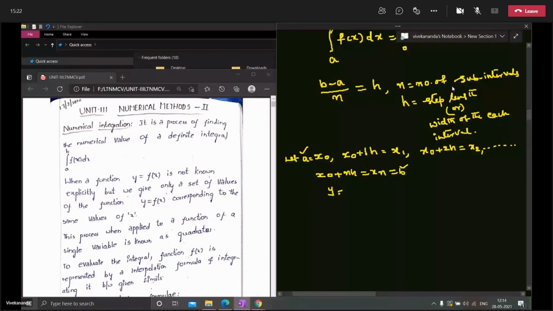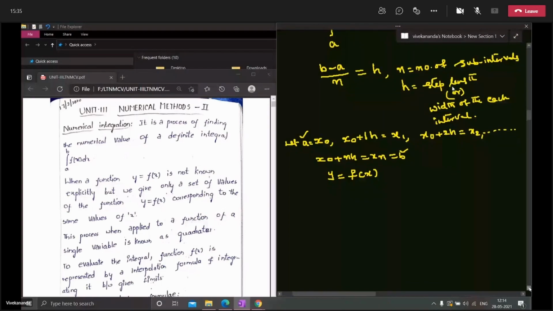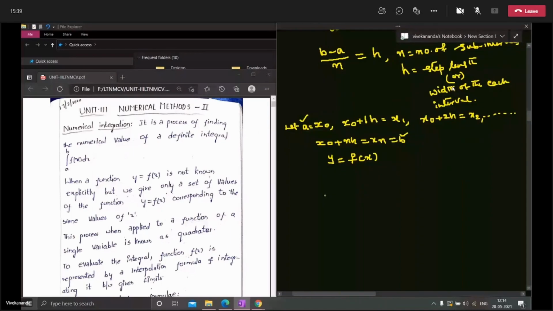After dividing into n number of subintervals, we fit y is equal to f of x. Then correspondingly you will get x0, y0, x1, y1, x2, y2. For every x value, correspondingly you will get y values.